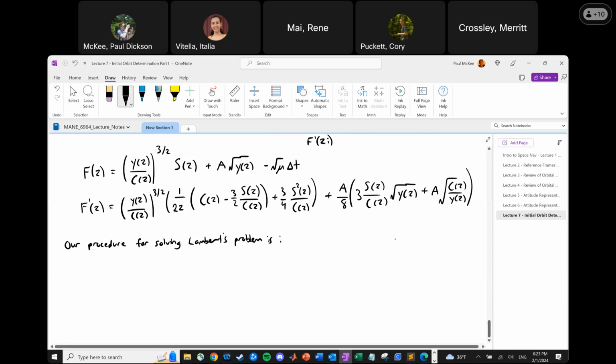is, number one, using R1 and R2, find delta theta and A. Number two, assume that Z is some small positive value.